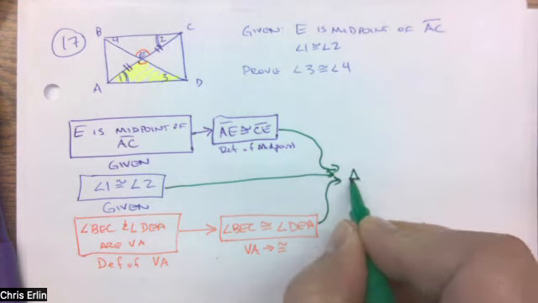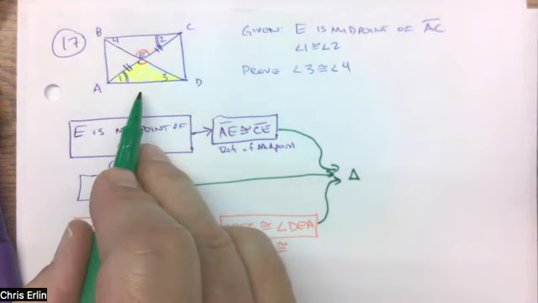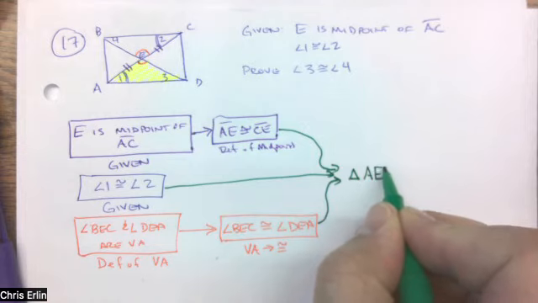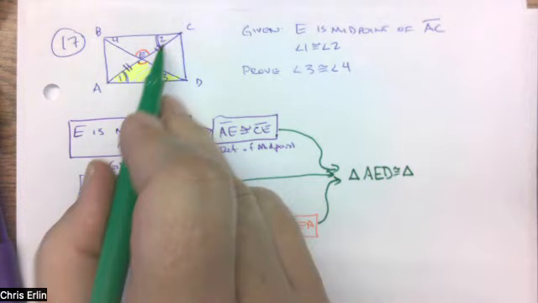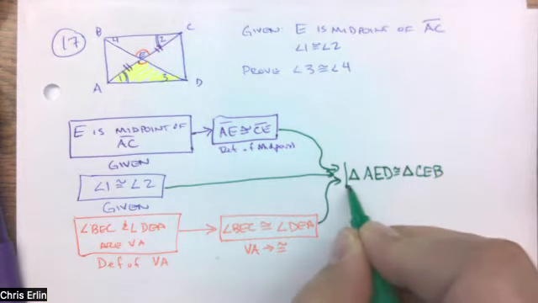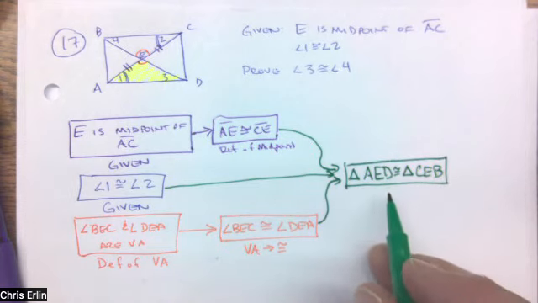So I'll say triangle. What should I call it? Maybe AED. CEB. And why are they congruent?